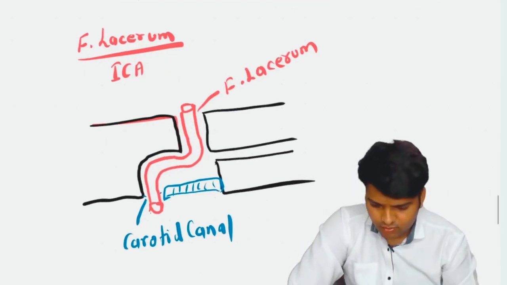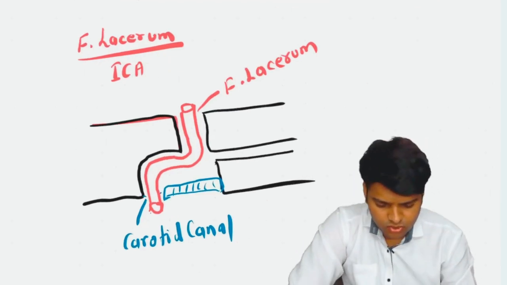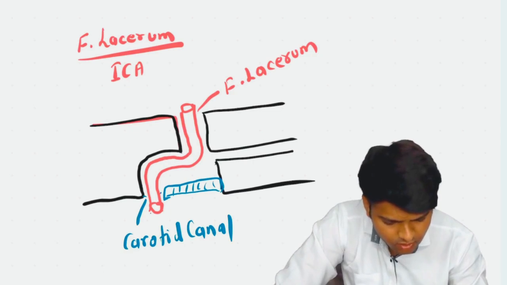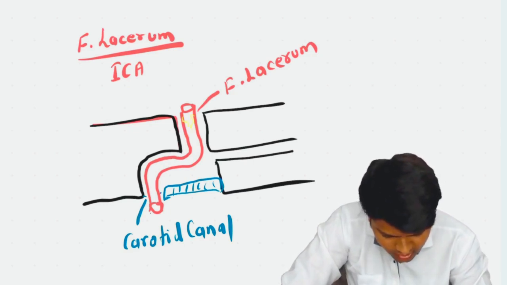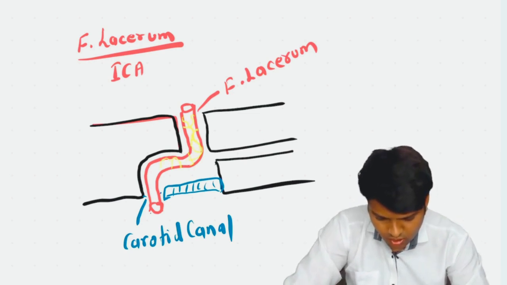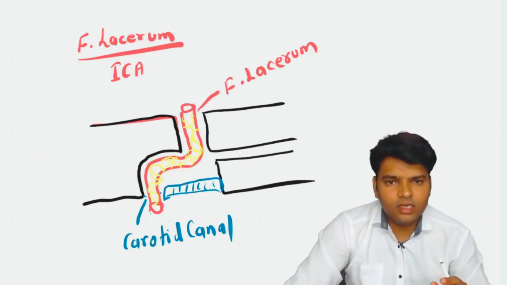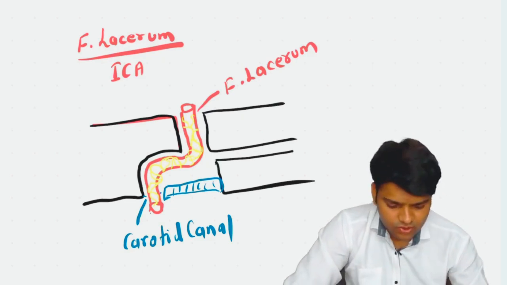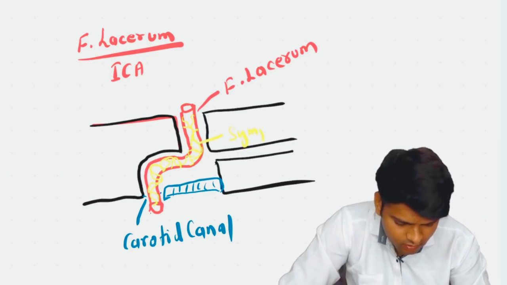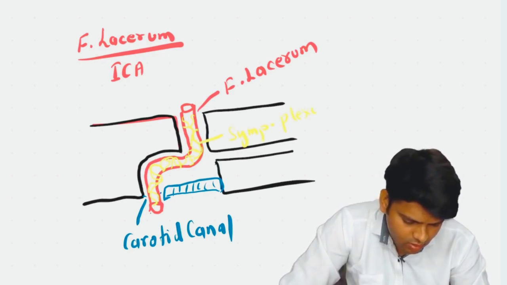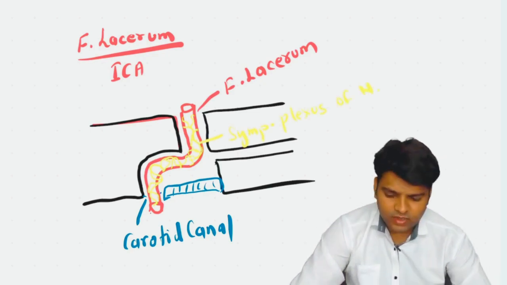Okay, and I think you all know about this thing. Here you will see a nerve plexus around this, around the complete area, which is called the sympathetic plexus of nerve.